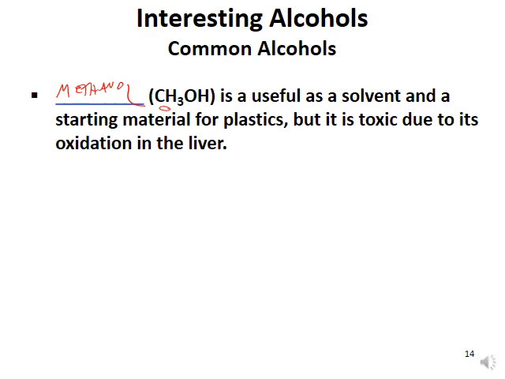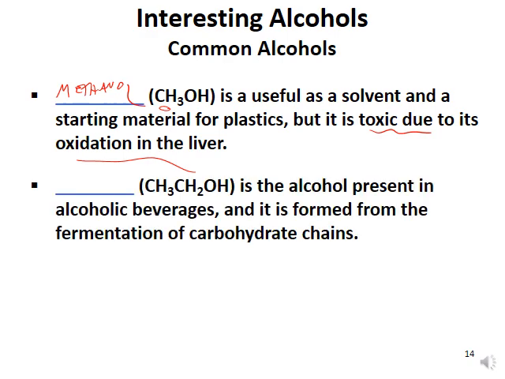And it is very useful and used all the time, but it's also toxic in the body due to oxidation products that are formed in the liver, and we'll talk about that later. Ethanol, some of you may have heard of this stuff. Alcoholic beverages are formed from fermentation of carbohydrate chains.